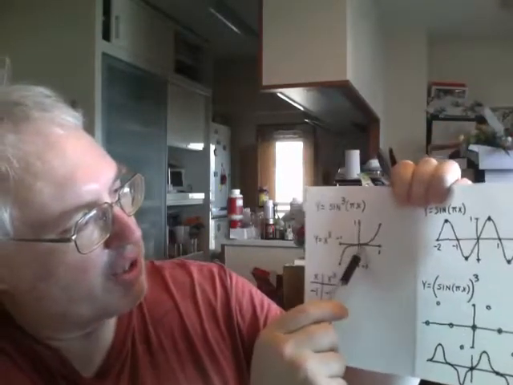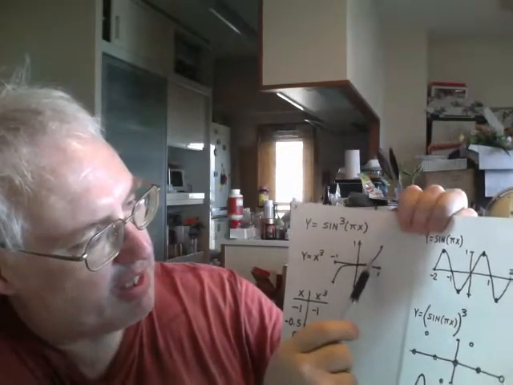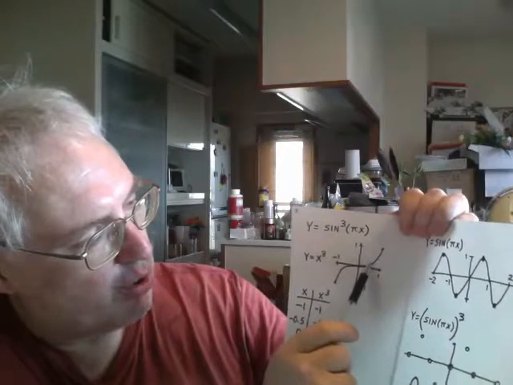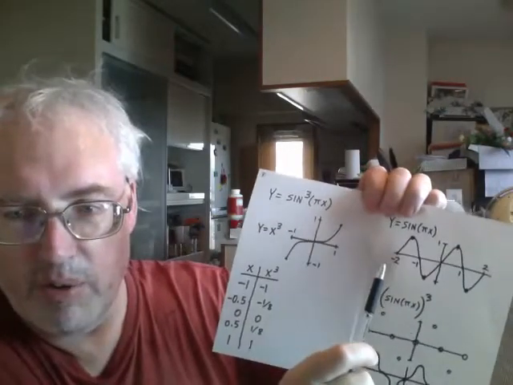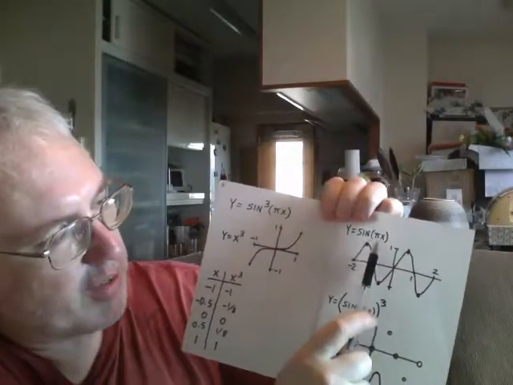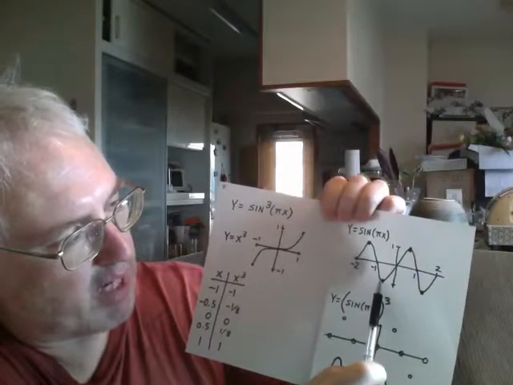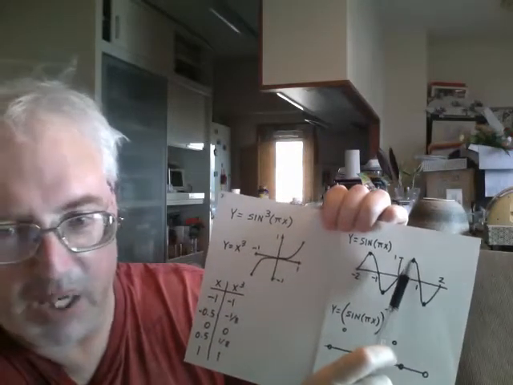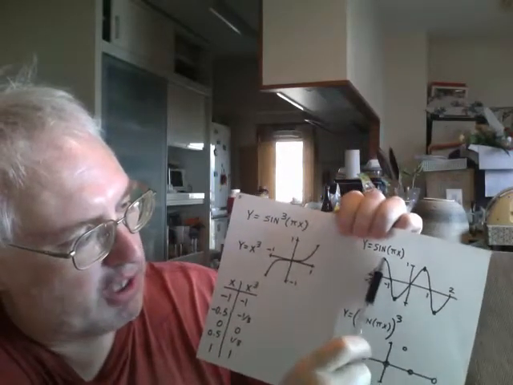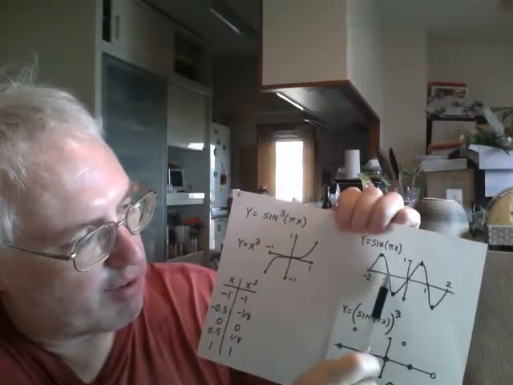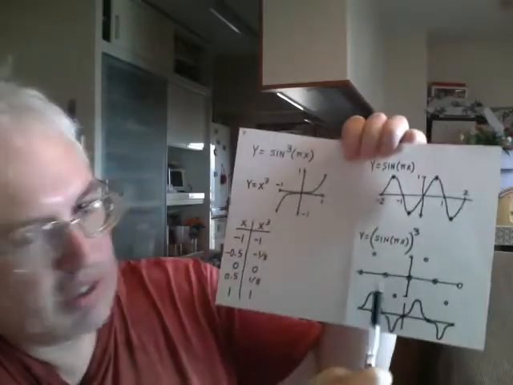So when we draw a picture of this, these points are unchanged, and this point will be pulled down towards the axis. Now we're going to apply this to the sine function. Here's a regular sine function, going from a minimum of -1 up to a maximum of +1. All of these points will be unchanged, and the places where it crosses the axis, where it's 0, are also unchanged by cubing it.